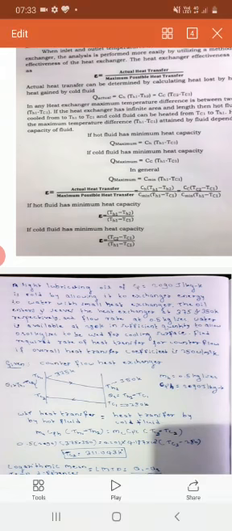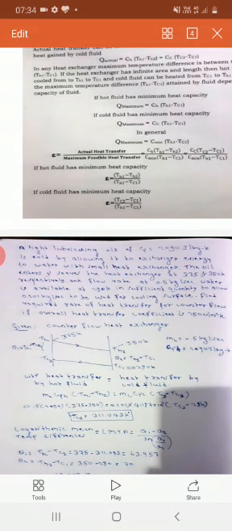By applying the energy balance equation, heat transfer by the hot fluid is equal to heat transfer by the cold fluid, that is mCp delta T. We can write mH into Cph into bracket Th1 minus Th2 is equal to mc into Cpc into bracket Tc2 minus Tc1.